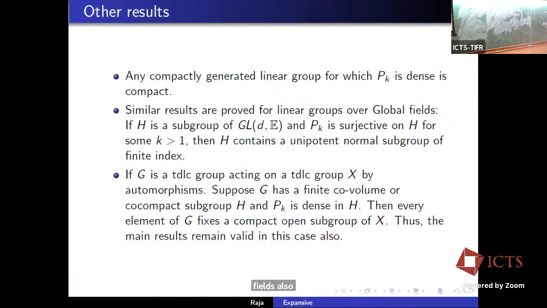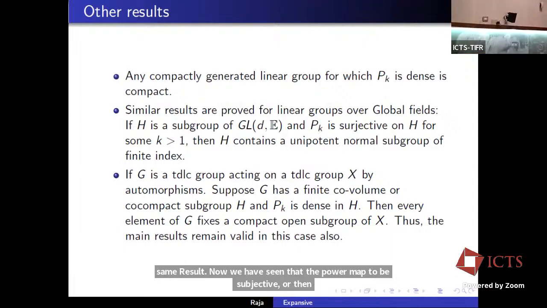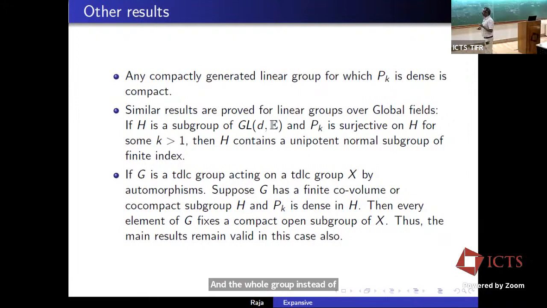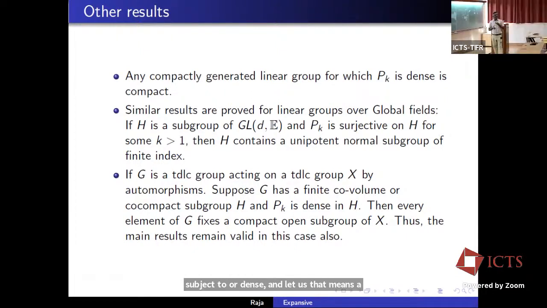Now we have seen the power map to be surjective or dense on the whole group. Instead of assuming this on the whole group, you can assume that the power map is surjective or dense on a lattice, that means a finite co-volume subgroup or a co-compact subgroup, and make these conclusions.